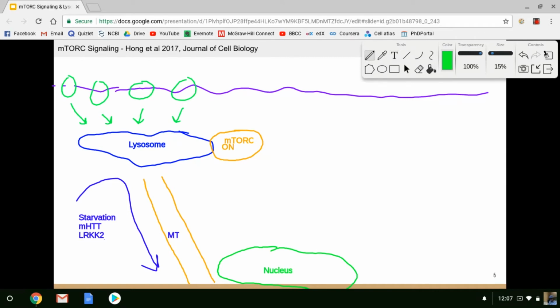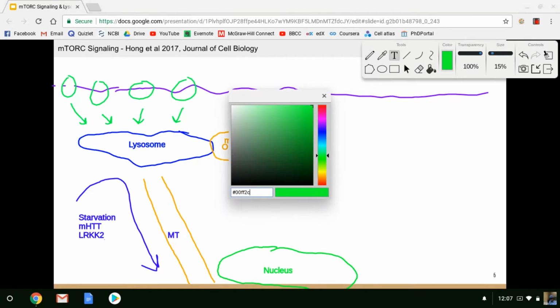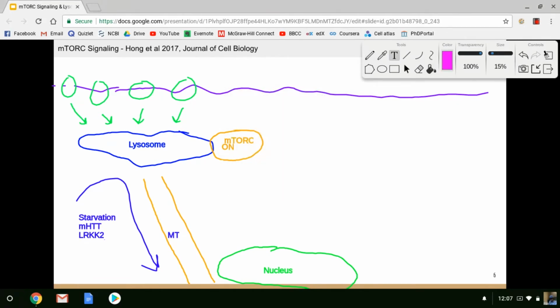So the question is, how are lysosomes actually transported retrogradely towards the nucleus? And that's what I want to cover in this slide. Well, lysosomes are attached to this protein called Rab7. Rab7 is a protein that associates with lysosomes because of the type of phospholipids that lysosomes have.